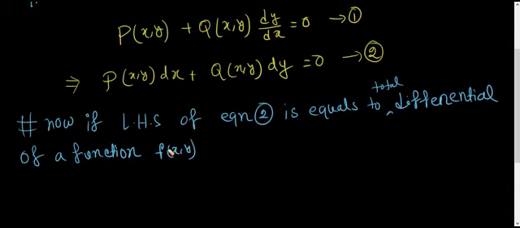So our function is f(x,y), and the total differential will be d of f(x,y), and this should be equals to 0.